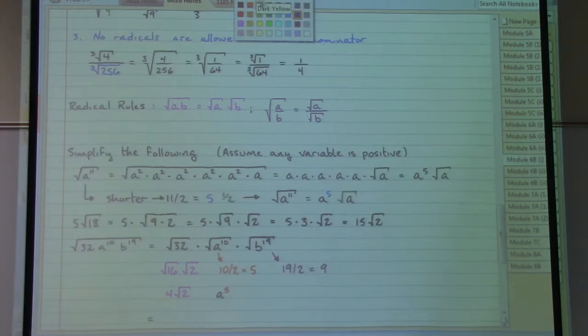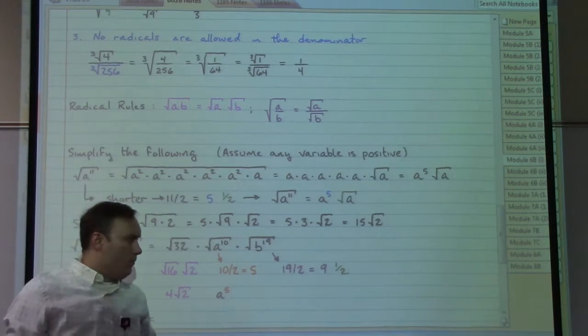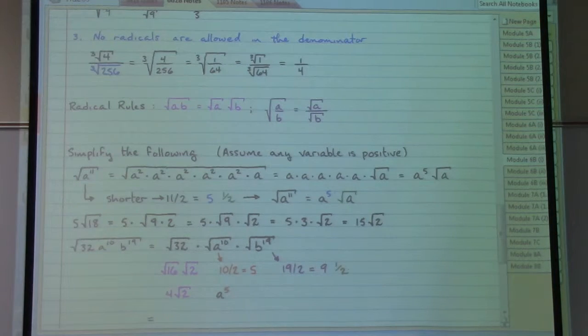So to have a little bit of a different appearance to that 1/2, let's use a different color. 9 and 1/2, meaning that we will have the letter B with a power of 9 because of that nice normal 9.